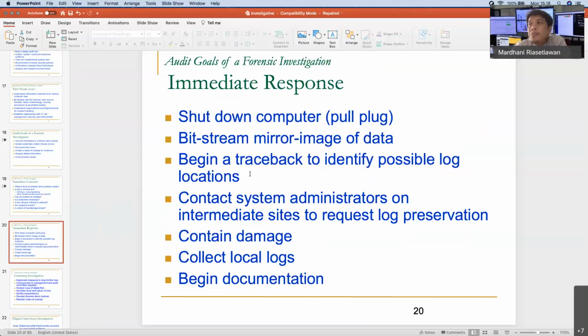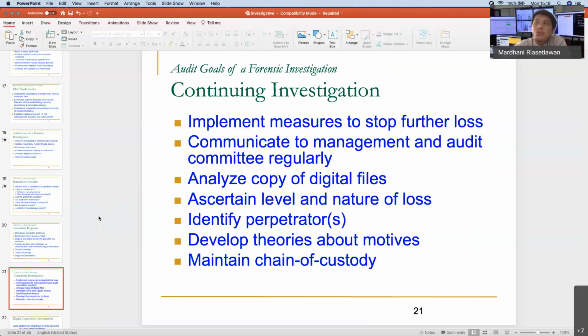We need to trace, and then we need to contact the system administrator to request log preservation, to take a look at what happened in the system, and then we can analyze the content image, collect the local logs, and also begin the documentation. After that, we continue the investigation, because we need to immediately implement measures to stop further loss.